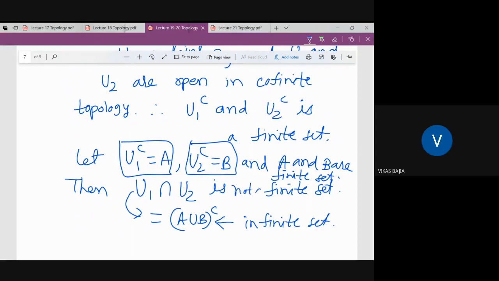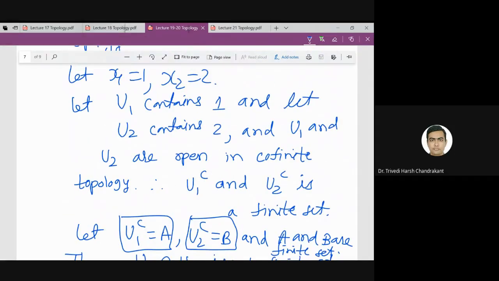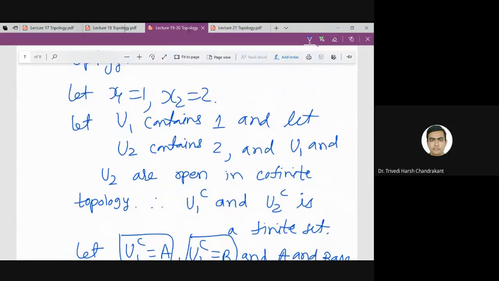So sir, is it possible to choose that kind of example where their complement is finite? Obviously, you can just take, for example, U1 as the complement of {2}, and U2 you can take as the complement of {1}.